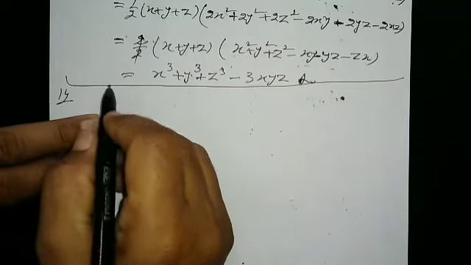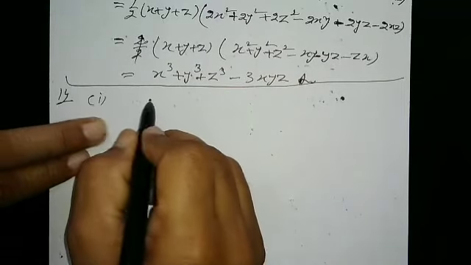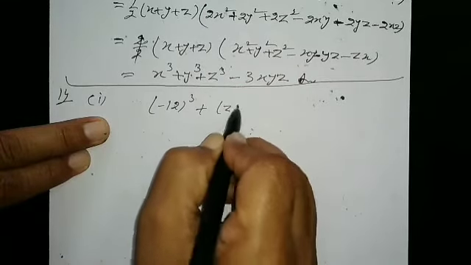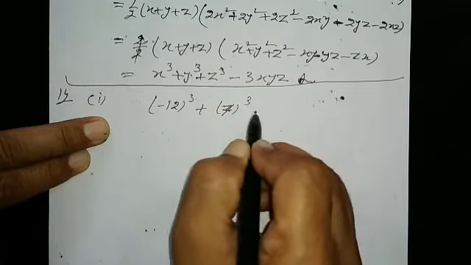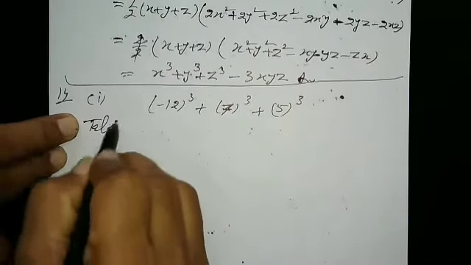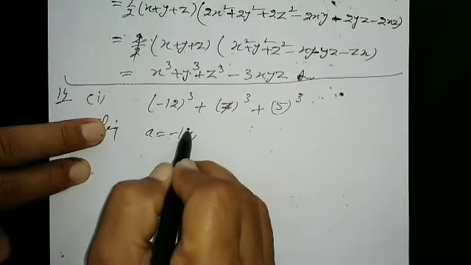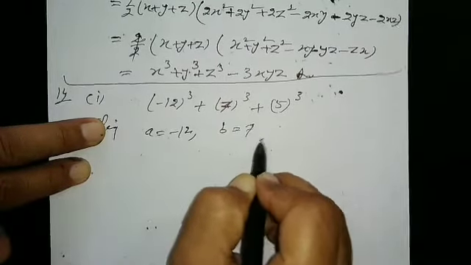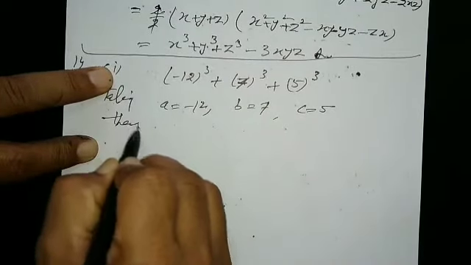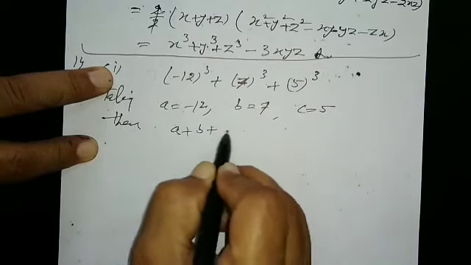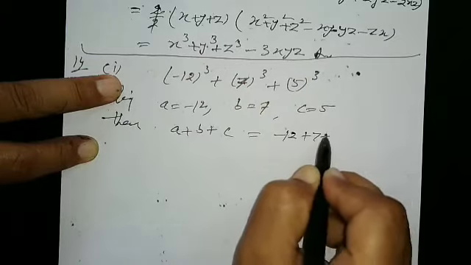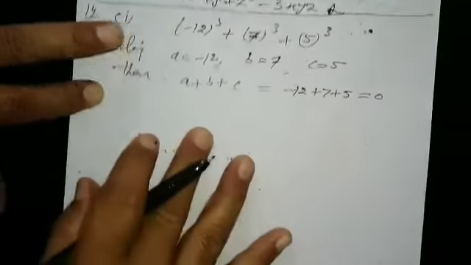so come to the question number 14. Without actual calculating, find the value of this, that is minus 12 cube plus 7 cube plus 5 cube. If we take a equal to minus 12, b equal to 7, c equal to 5, then we see that a plus b plus c equal to minus 12 plus 7 plus 5 equal to 0.